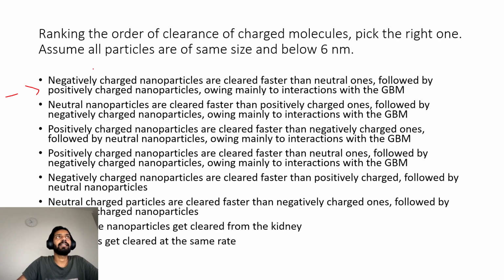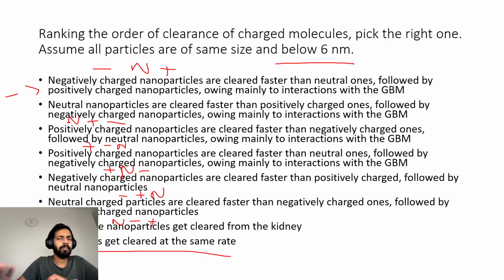So, is it negative, neutral, positive, or neutral, positive, negative, or positive, negative, neutral, or positive, neutral, negative, or negative, positive, neutral, or neutral, negative, positive, or is it the case that none of the particles get cleared from the kidney because they're below 6 nanometers, or all the particles get cleared at the same rate because the kidney GBM membrane has no preference for charged particles.